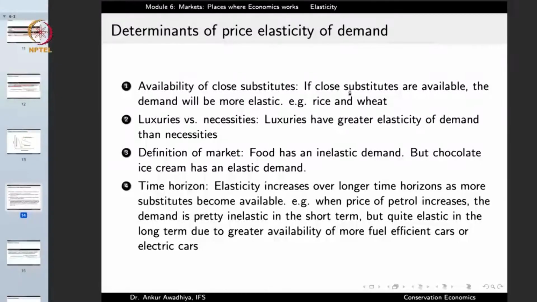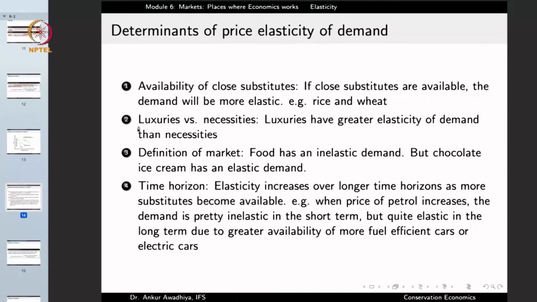Another example is different flavors of ice cream. They are close substitutes, so if the price of one flavor increases, you will shift to another flavor. Or the option of having different flavors of cold drinks. All of these are close substitutes, and so the demand becomes more elastic because you have the option of shifting to the substitute if the price increases or decreases.